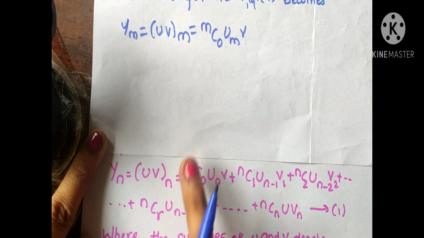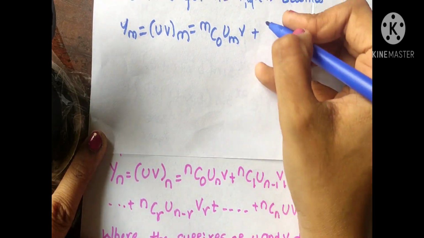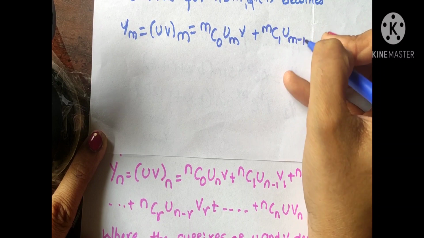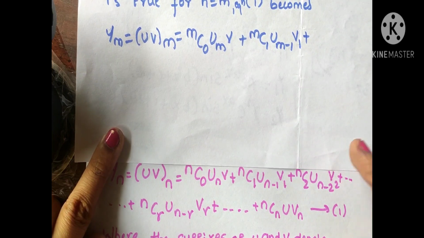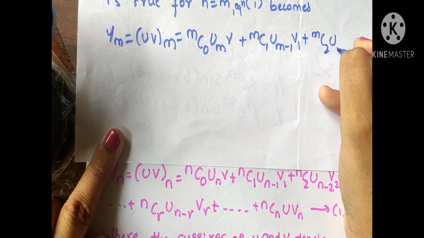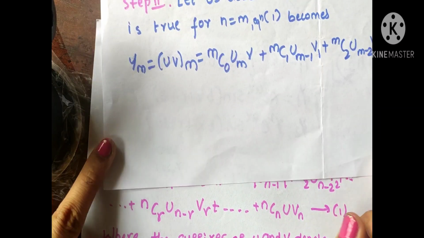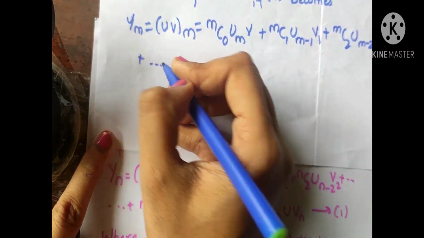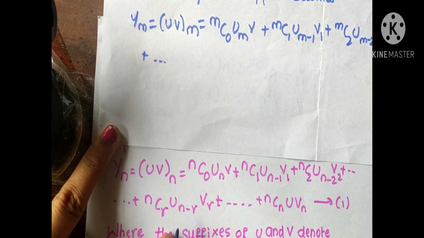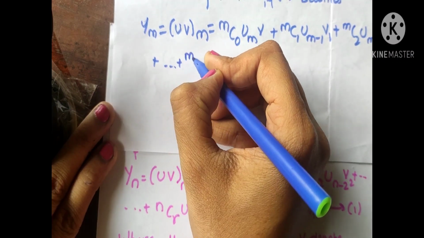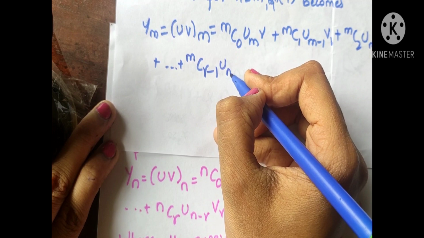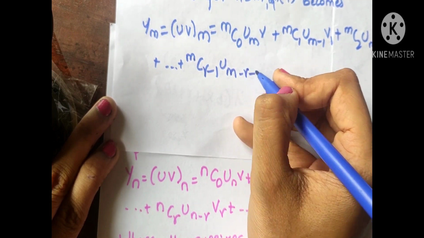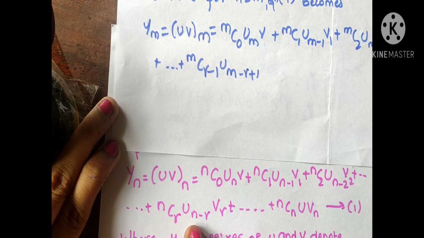Okay. Substitute n equal to m plus mc1 um minus 1 v1 plus mc2 um minus 2 v2. So I'll take one term lesser than this, mcr minus 1 un m minus r plus 1, because if you are substituting n is equal to m and you are taking one lesser term than this.